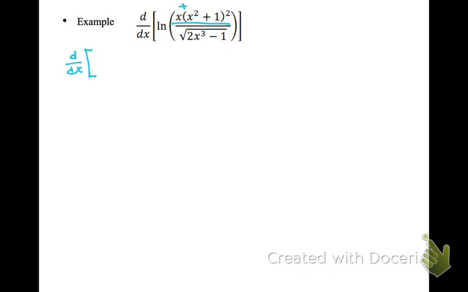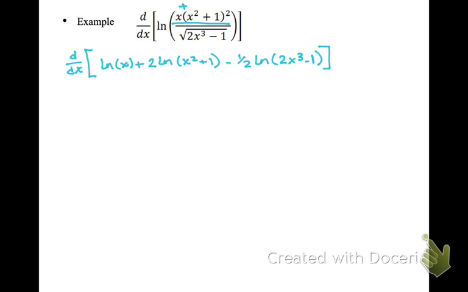So I'm going to have the natural log of x plus 2 times the natural log of x squared plus 1, minus 1/2 natural log of 2x cubed minus 1. Where'd the 2 come from? The exponent. Where'd the 1/2 come from? The square root.